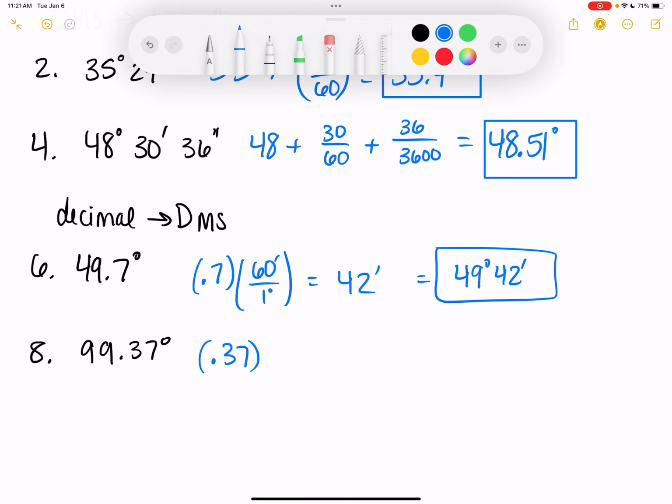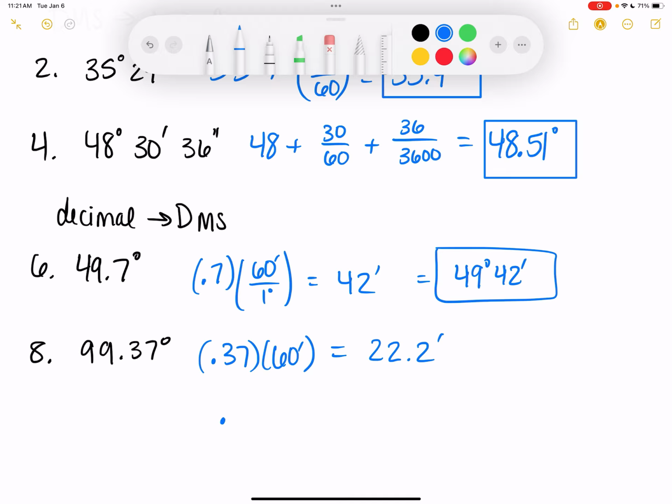0.37 times 60 minutes. Somebody's going to have to tell me what that one is. 22.2. So that's 22.2 minutes. So I'm going to take this 0.2 and multiply it by 60 again to get the number of seconds that I'm going to have.